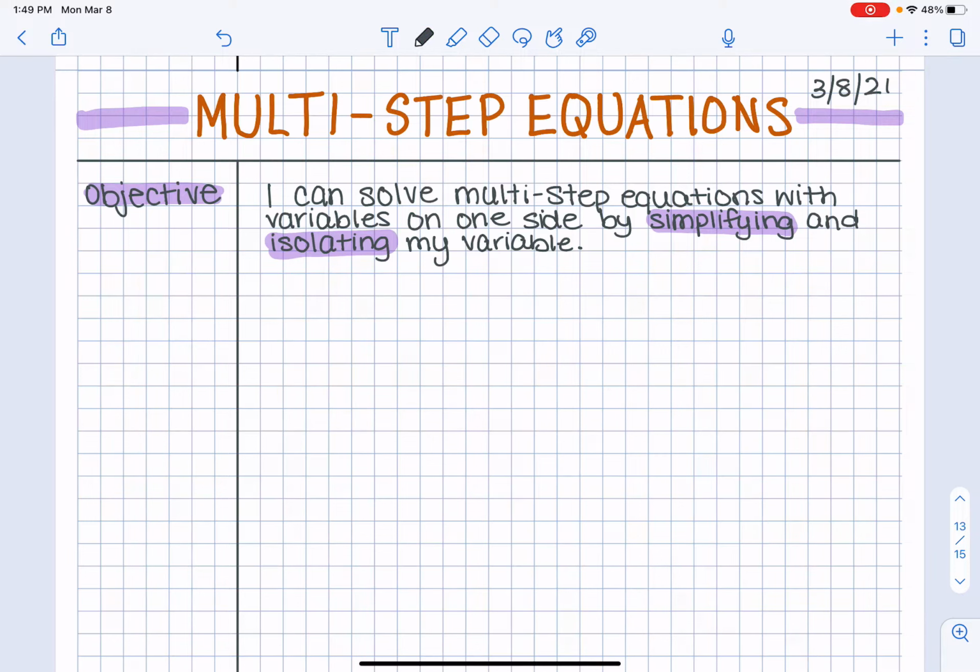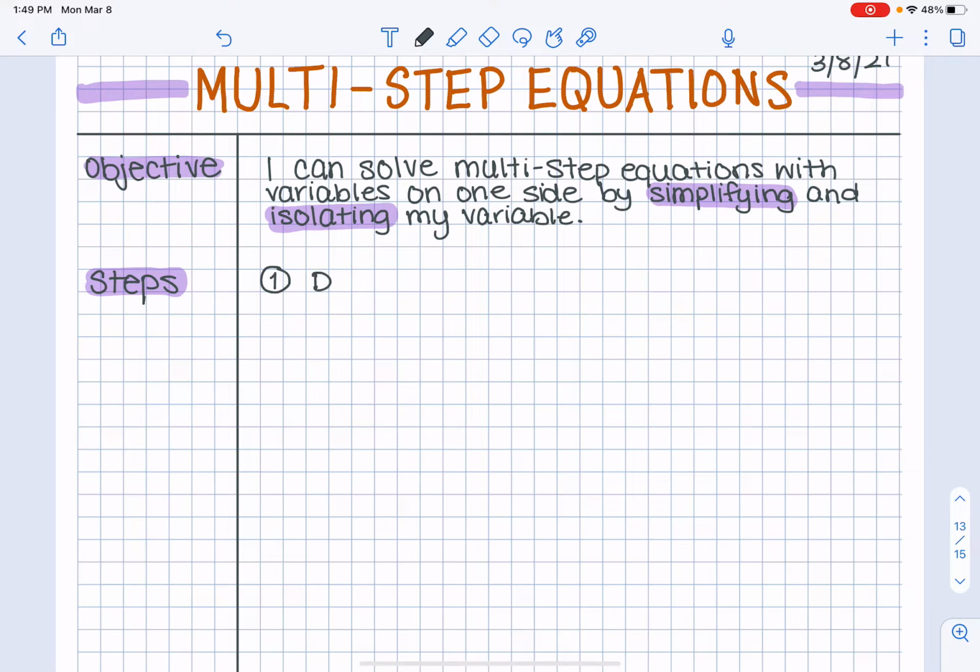Okay, so before we start our solving, let's write down the actual steps we have so that we can then go on and use those steps to solve. Okay, so the first step is when I look at my equation, I need to draw my line down the equal sign, right?